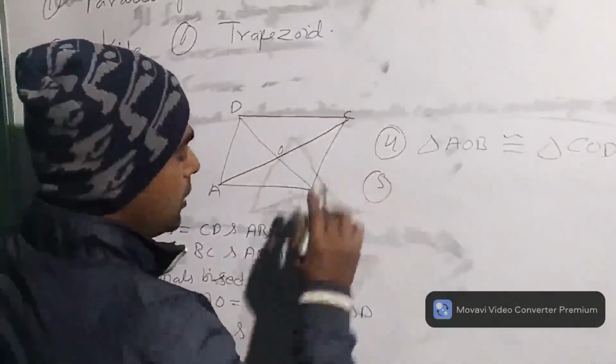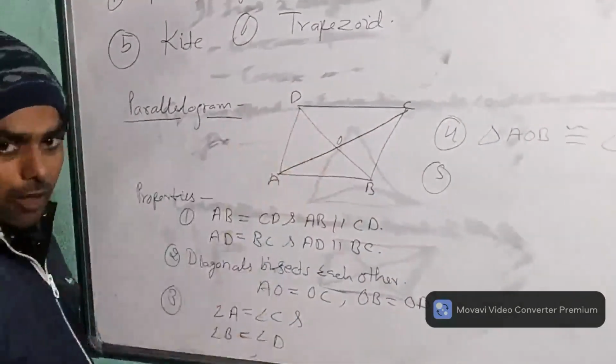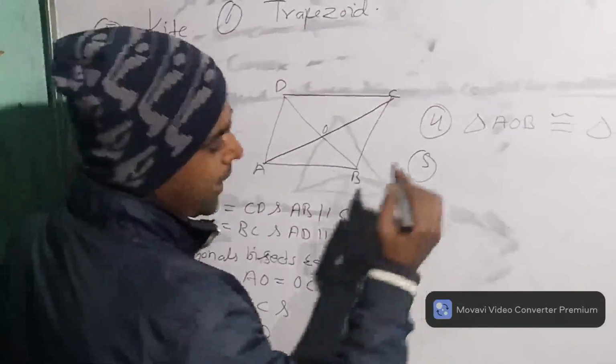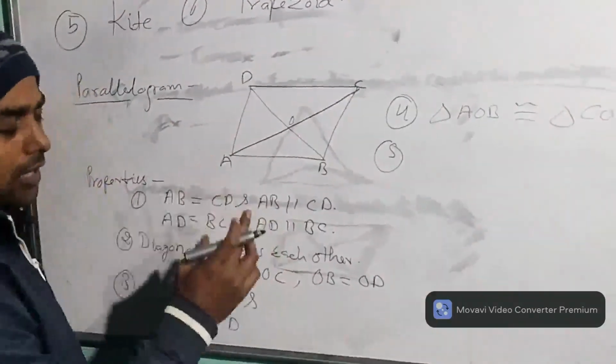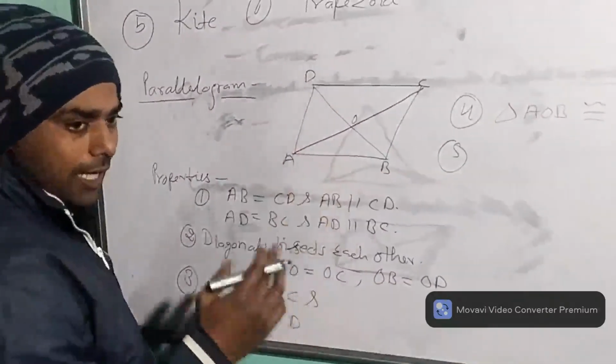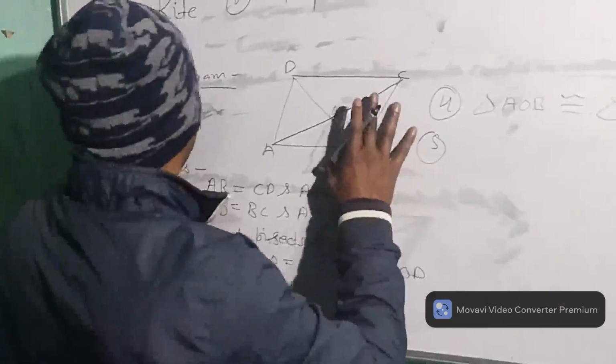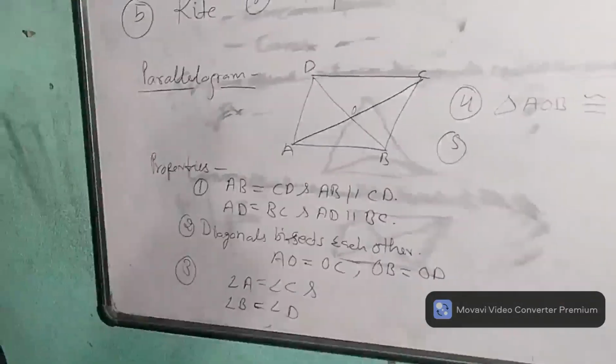Fifth one, if any one of the angles of this parallelogram is equal to 90 degrees, then it will be a rectangle. These are the properties of parallelogram.